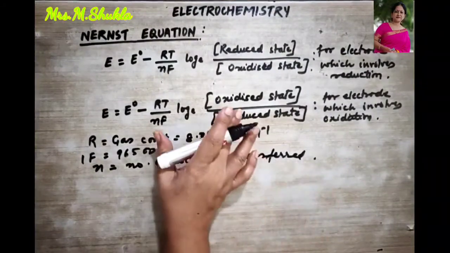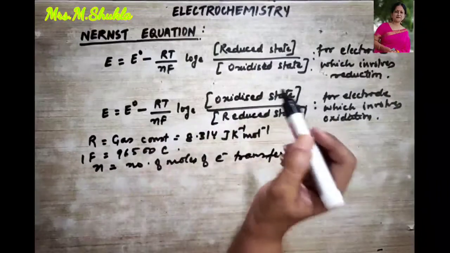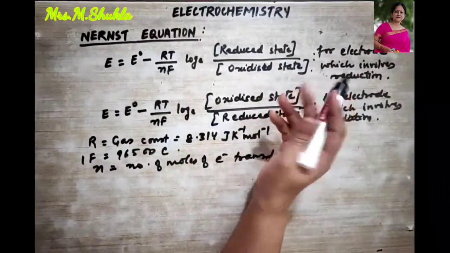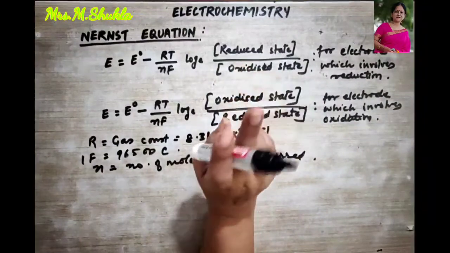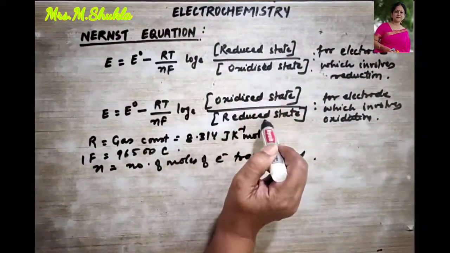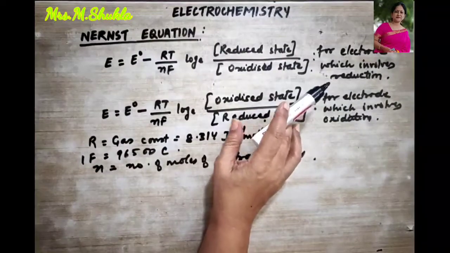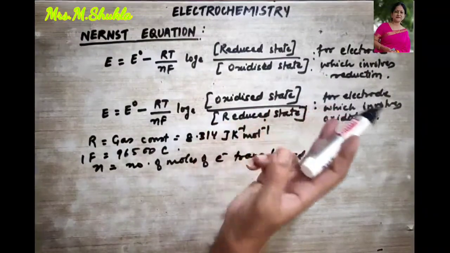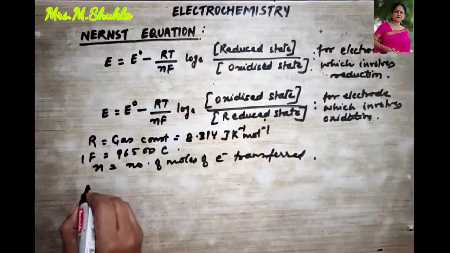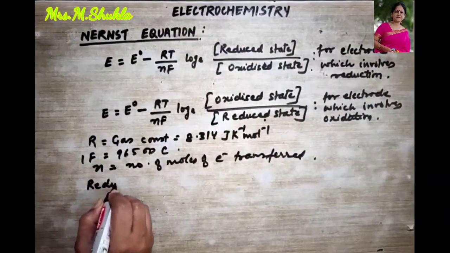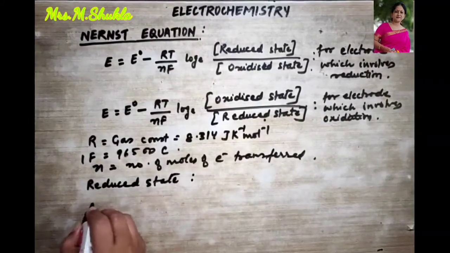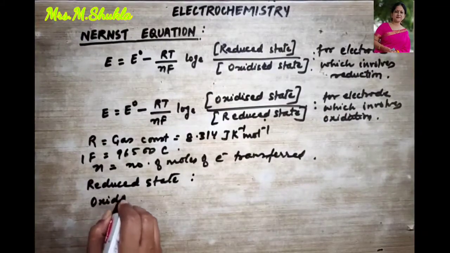So I hope you have understood this point. And what does this oxidized state mean over here? Concentration of the substance undergoing reduction, remember. And what does the reduced state mean over here? The concentration of the substance undergoing oxidation. This point is clear. Let me write it down so that you remember. Reduced state and oxidized state.